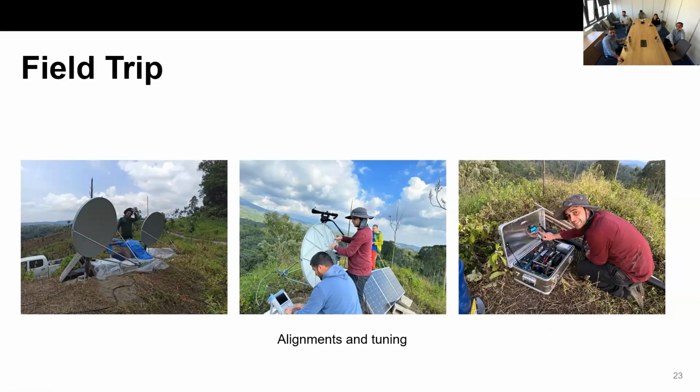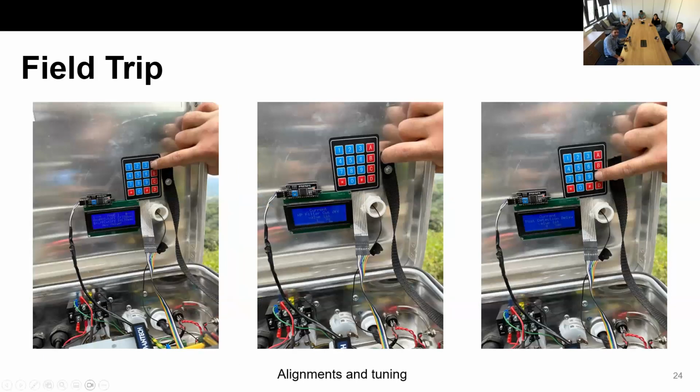But as you can see, I stressed a lot about the flexibility of the system. I don't know if the online people can read the screen, but all of the detection parameters we can set in the field easily with the CDN keypad interface.